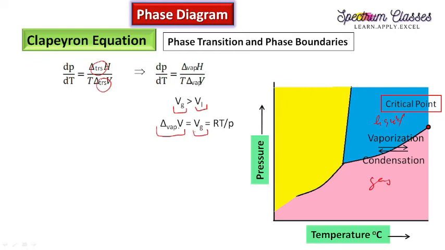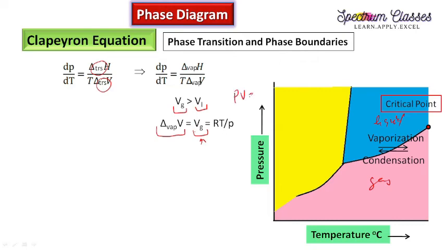So V2 minus V1 means V gas minus V liquid, and since V gas is very much higher than the volume of liquid, we write it as V gas.